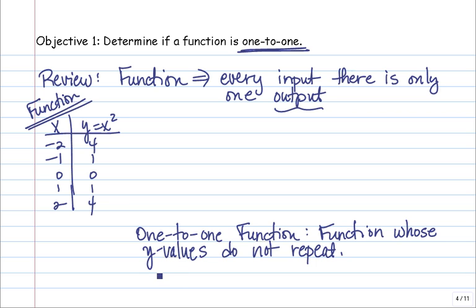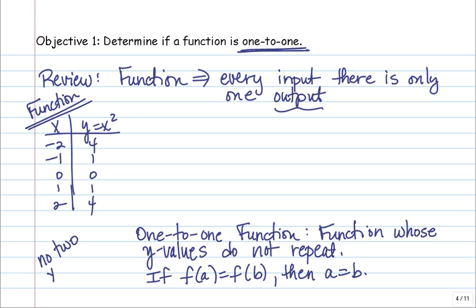Mathematically, the way we define it, we say this: if f of A is equal to f of B, then A must equal B. In other words, we cannot have two different x values going to the same y value. So no two x values can have the same y value. And that's why we call it one-to-one.